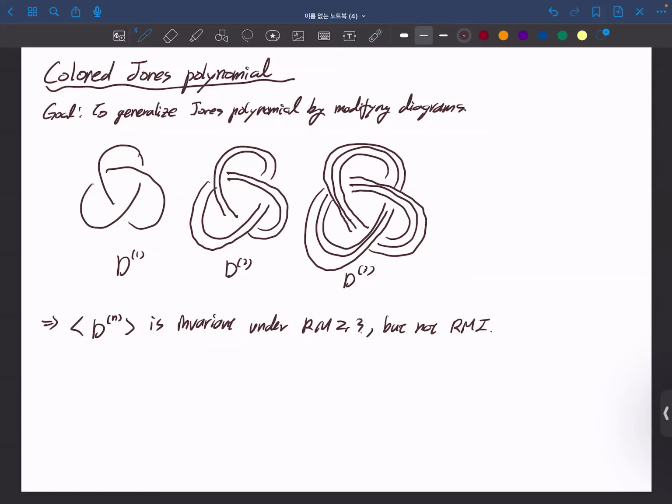Firstly, let us see what happens for this one. If you calculate this one, you get A to the 8, this one, minus A to the 8, nothing, plus 1.